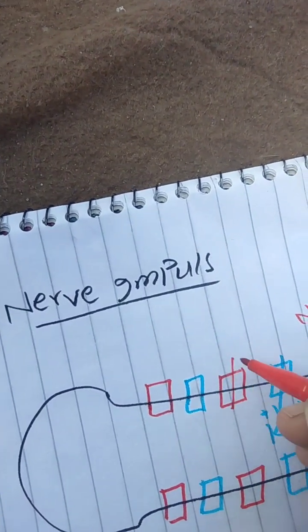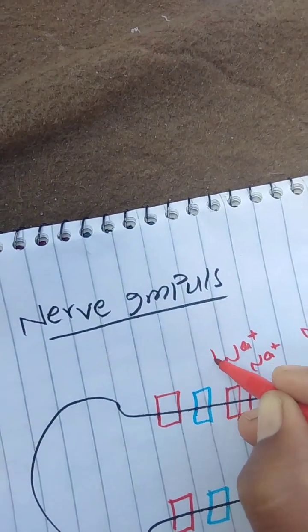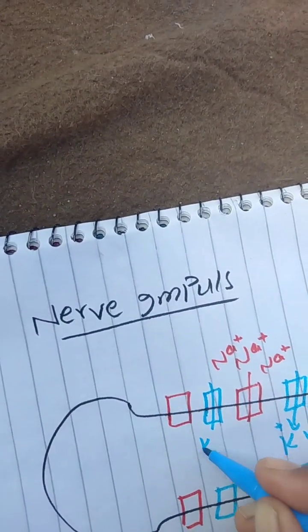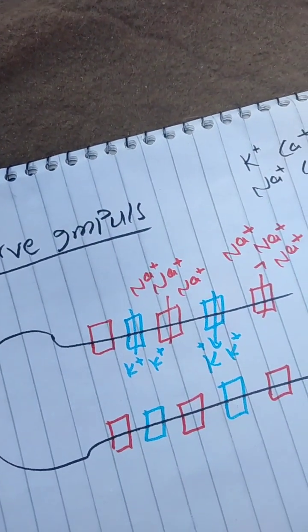Like here, three sodium come out when the cell is in rest and two potassium come in when the cell is in rest.